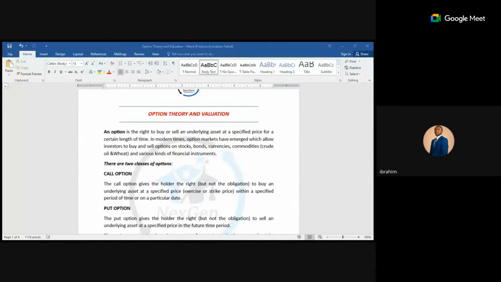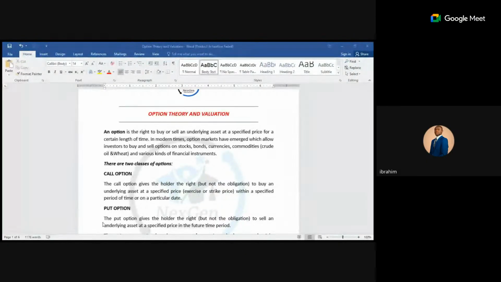So in today's class, we shall continue with our lecture on option theory and valuation. In our previous class, we discussed the definition of an option.